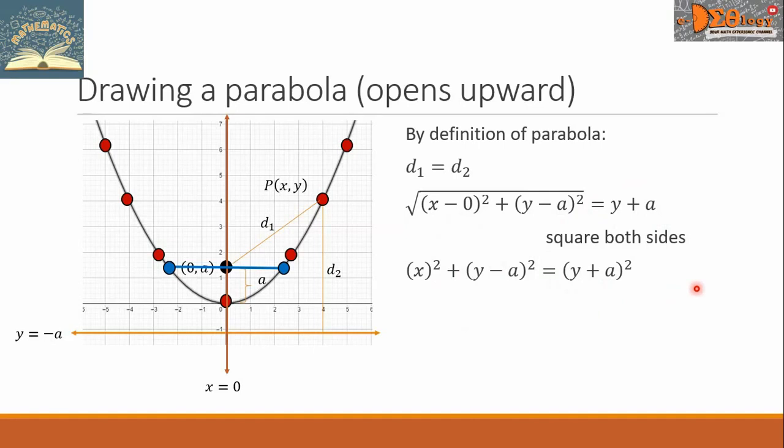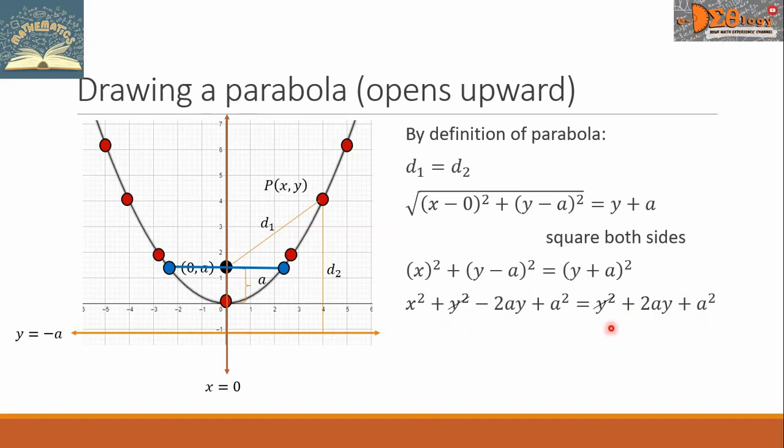Simplifying further, let us expand the squares. On the left side, we just copy x squared. And the square of y minus a becomes y squared minus 2ay plus a squared, equals the right side, the square of y plus a, so we have y squared plus 2ay plus a squared. We can see that there is y squared on both sides, so we can cancel that.